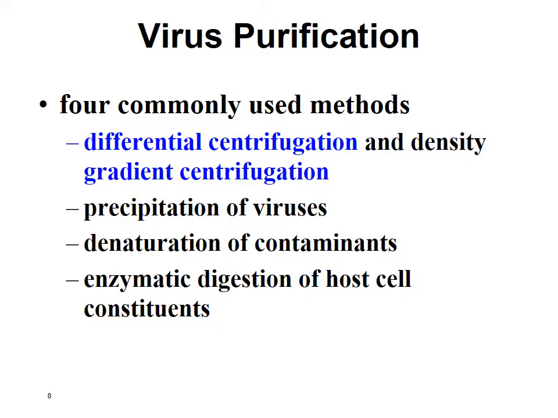Then any remaining cell proteins and nucleic acids can be enzymatically digested using enzymes such as ribonuclease and trypsin. And even though viruses have a protein coat, these proteins are usually more resistant to attack by these enzymes.